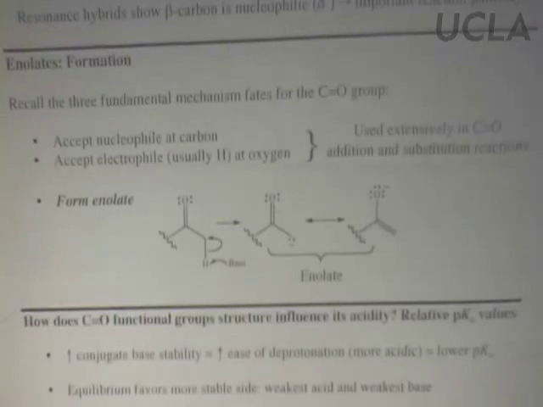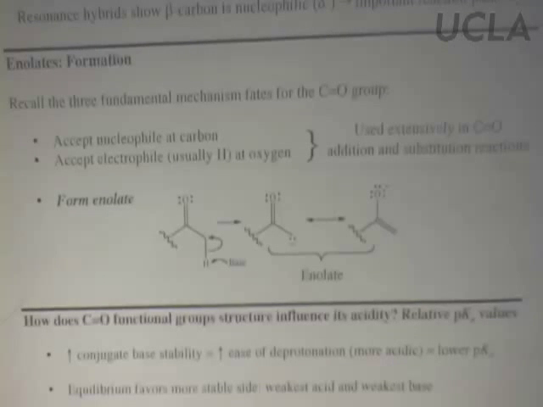Now, taking away the proton is an issue we need to talk about because, number one, there are different carbonyl-containing functional groups, aldehydes, ketones, esters, carboxylic acids, etc. And the nature of the carbonyl-containing functional group will influence how easy or difficult it is to take that proton away, i.e. how acidic that proton is. So that's something we need to address.